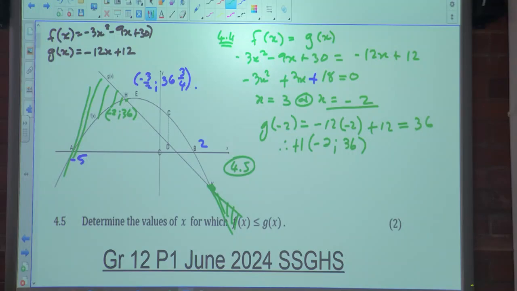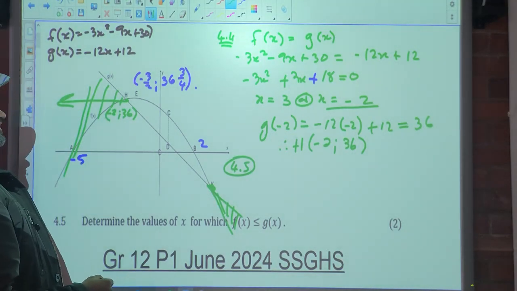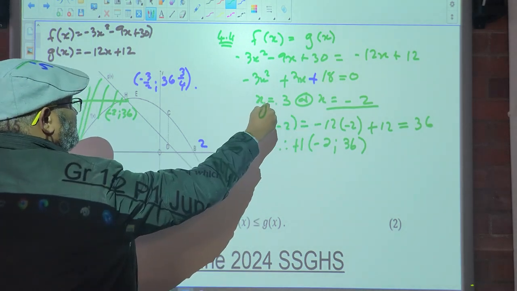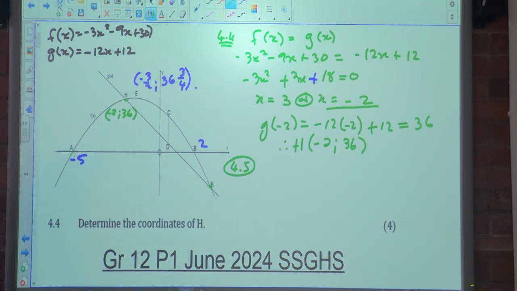Not so? So in other words, x has to be less than negative 2, or x must be more than the K value, which is 3. You see that, people? Just take it off. I want the diagram to populate it in.